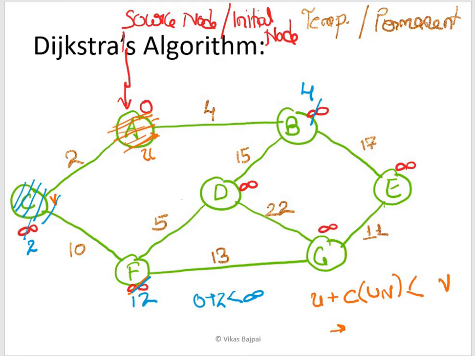Now I have 12 and 4, so obviously I'll go ahead with the lesser one. I'll pick 4. Now I'll go ahead with 4 plus 15 and update it, and this becomes 19.